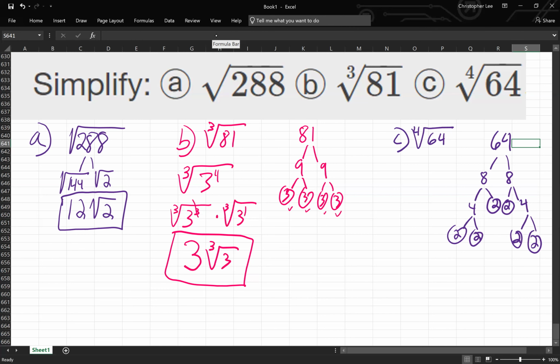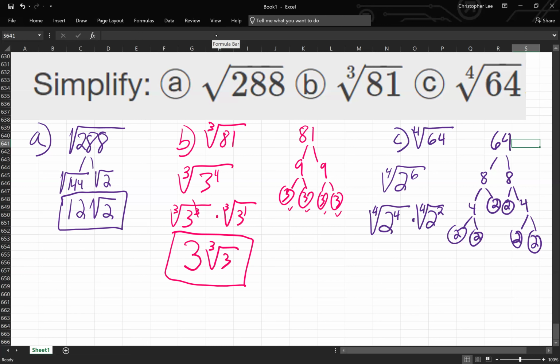So I could rewrite the 4th root of 64 as the 4th root of 2 to the 6th power. And then remember, I want to pull out a perfect fourth, right? Or a power that's divisible by the index. So this is going to become the 4th root of 2 to the 4th power times the 4th root of 2 to the 2nd, right?